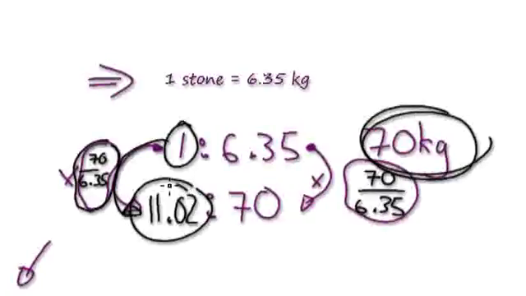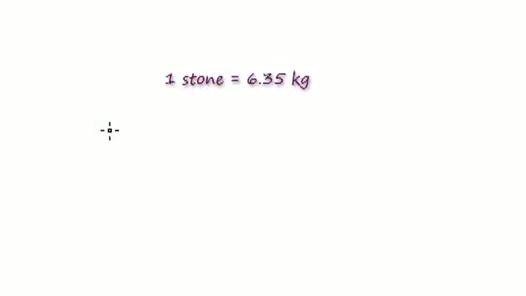If you weigh 70 kilograms, you would weigh 11.02 stones. Or if you're given stones, let's say you weigh, I don't know, 7 stones, what's that in kilograms?